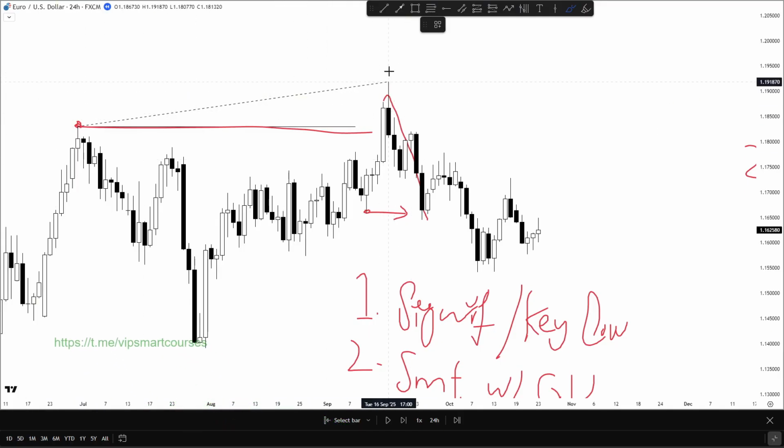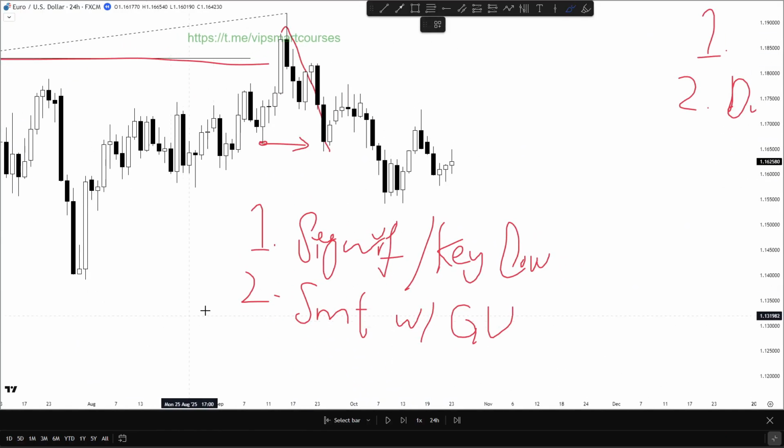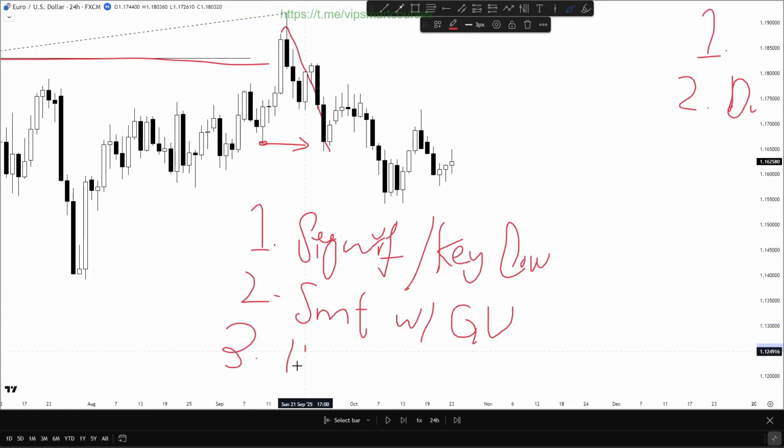So because of this divergence and because of this low being a significant one, this structural shift was considered a valid one. Another major factor here is that we tested a high time frame key level.